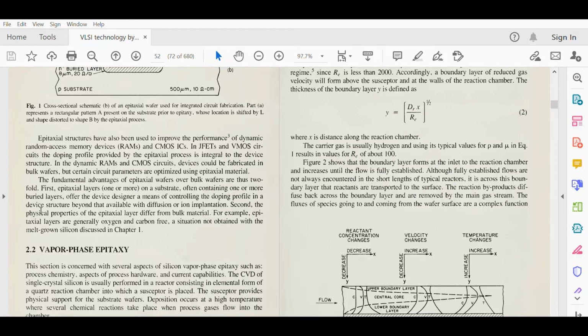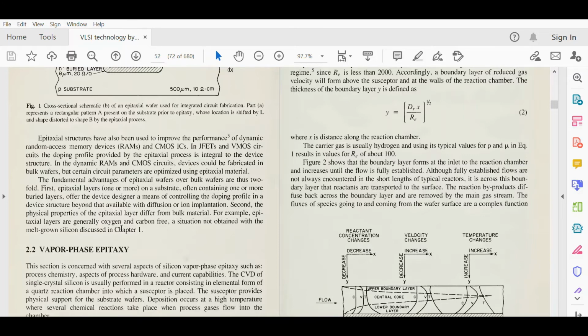For example, the physical properties of the epitaxial layer differ from the bulk material. Epitaxial layers are generally oxygen and carbon free, a situation not obtained with the melt-grown silicon discussed in chapter 1. In the previous lecture, when we were discussing the puller apparatus, we saw that an oxide layer was formed, and that was a disadvantage.